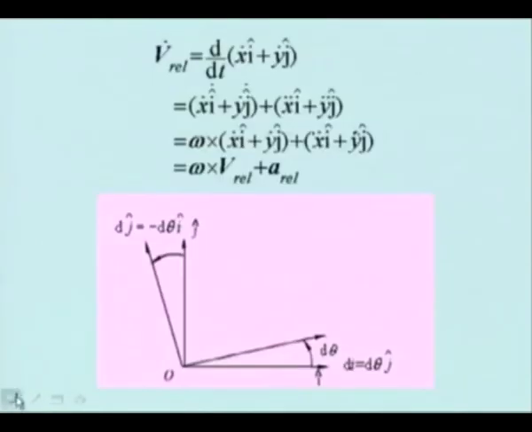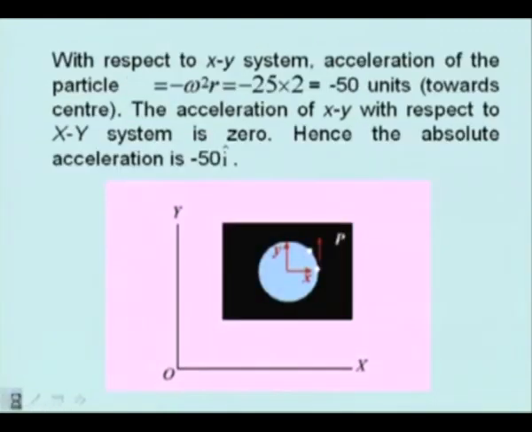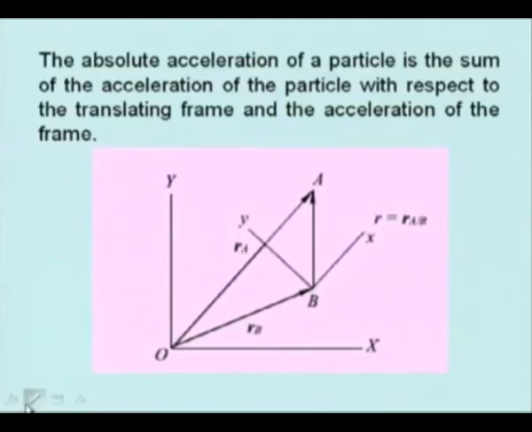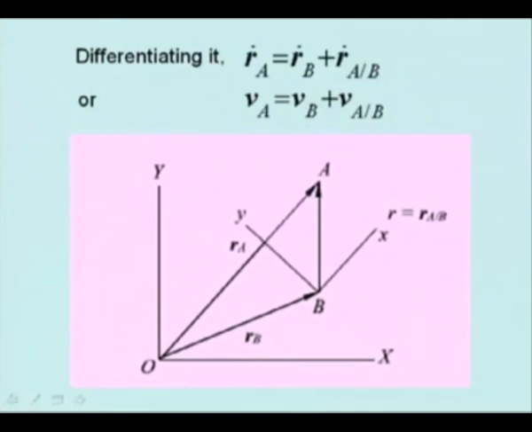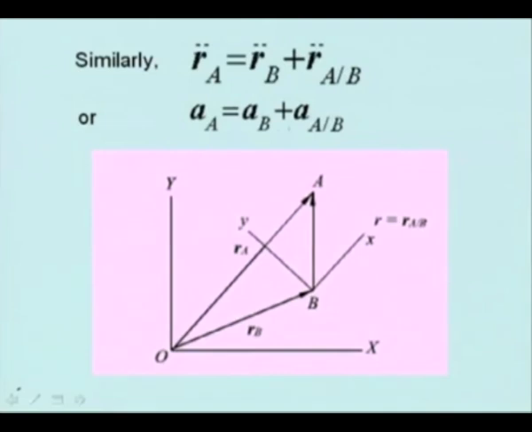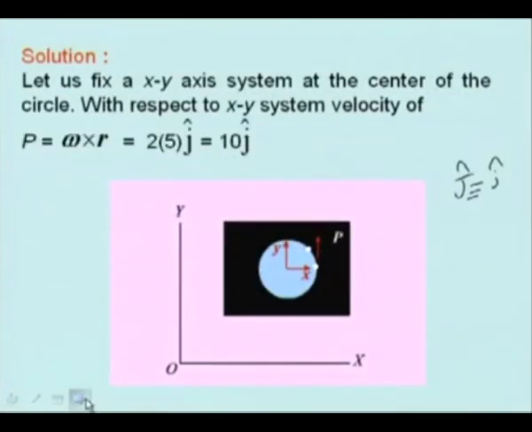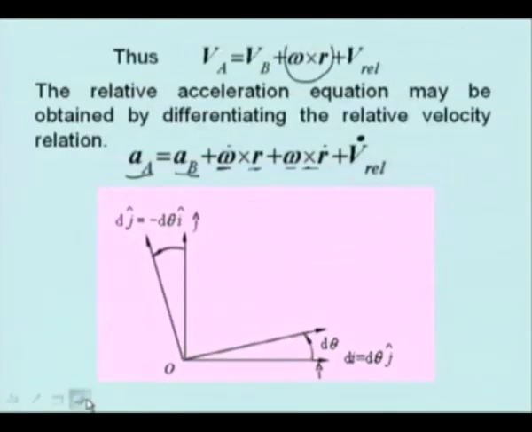We started with the translating reference frame and obtained the simple expressions VA is equal to VB plus VA relative to B, and AA is equal to AB plus A relative to B. However, if the coordinate system is rotating, we get VA is equal to VB plus omega cross R plus VL.